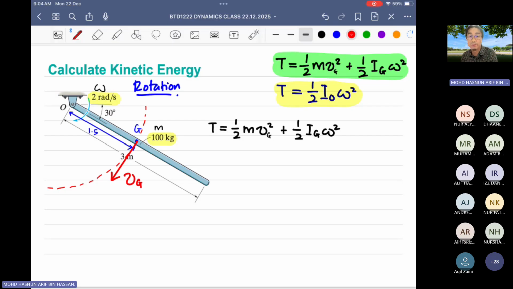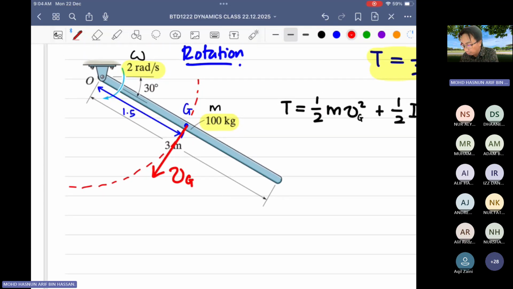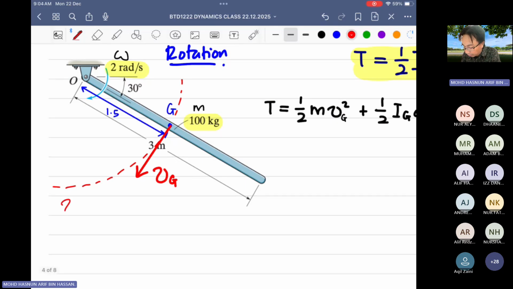So can we find the velocity of G? Can we find it or not? Can. What is the equation? This is rotation. Remember in chapter 1, we learned the basic equation for rotation, which is V, in this case Vg, is equal to omega times R. Do we have the value of omega here?